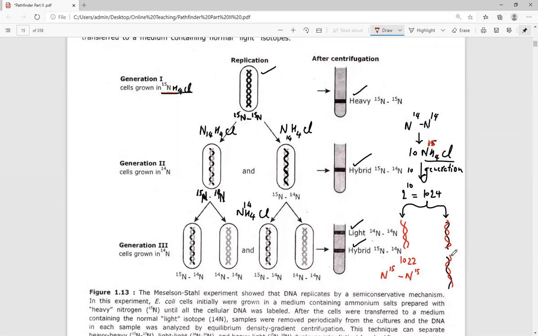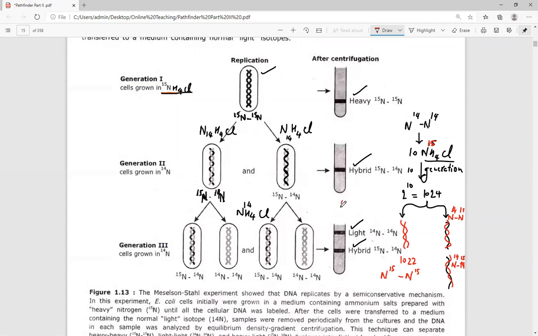There would be two DNA molecules of N14, N15 type, N14, N15 and N14 and N15. केवल दो ही डीएनए मॉलिक्यूल ऐसे होंगे जो हाइब्रिड डीएनए मॉलिक्यूल होंगे, जो N14, N15 टाइप होंगे, and others will be N15, N15 types.